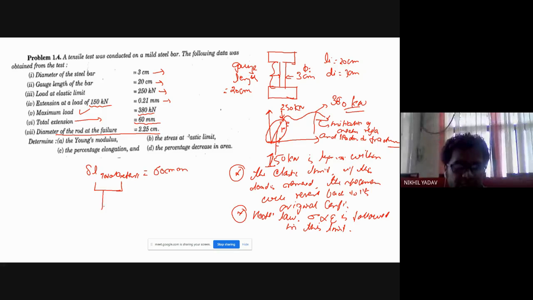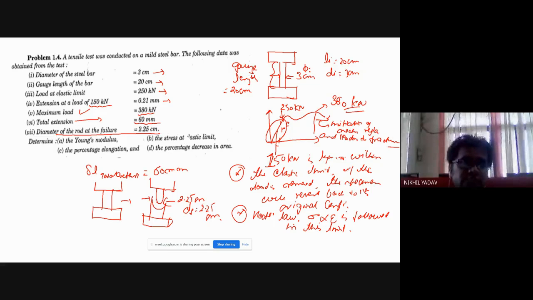If this is your specimen and it has broken into the cup and cone structure like this, this diagram is not so nice, but I hope you can assume this diameter out here is 2.25 centimeter, the final diameter. So this is all about the stress strain diagram of this numerical and the diagram of the specimens.